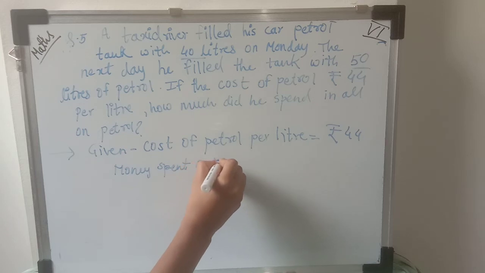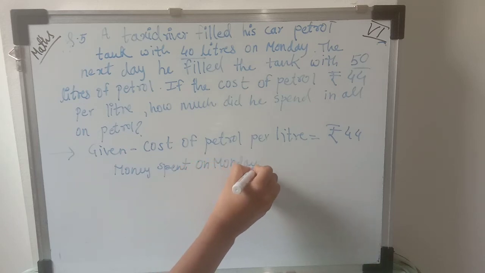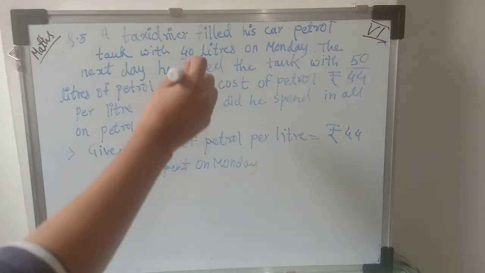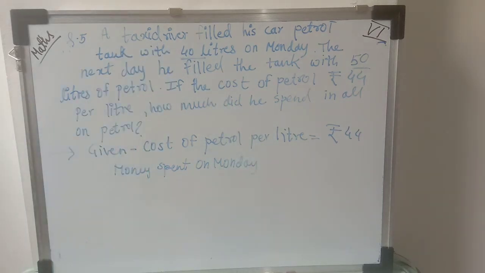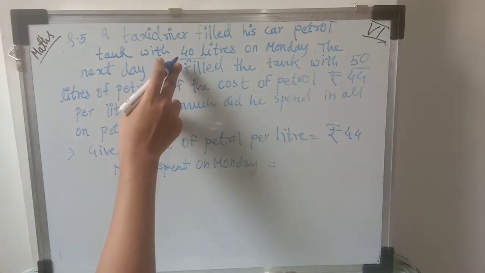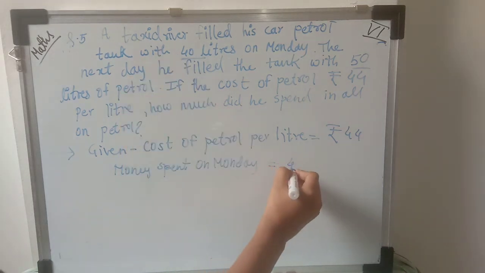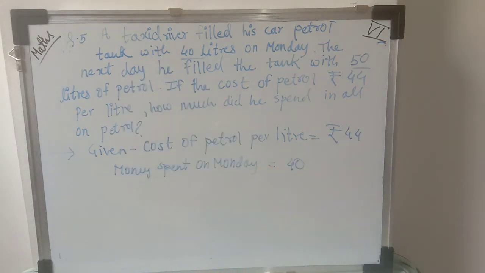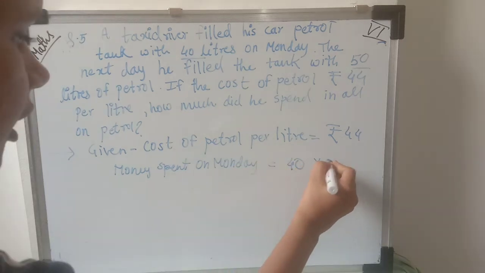on Monday, that we don't know, what is the cost of 40 liters. We don't know. So what we will do here, how much petrol he filled on Monday, that is 40. The cost of per liter petrol, that we have to multiply.